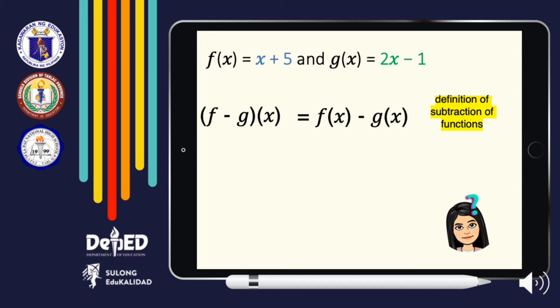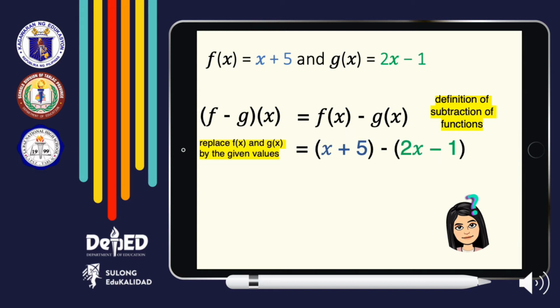Next step, replace f(x) and g(x). So what is our f(x)? That is x + 5 minus, what is our g(x)? 2x - 1. Next step, let's distribute the negative sign.